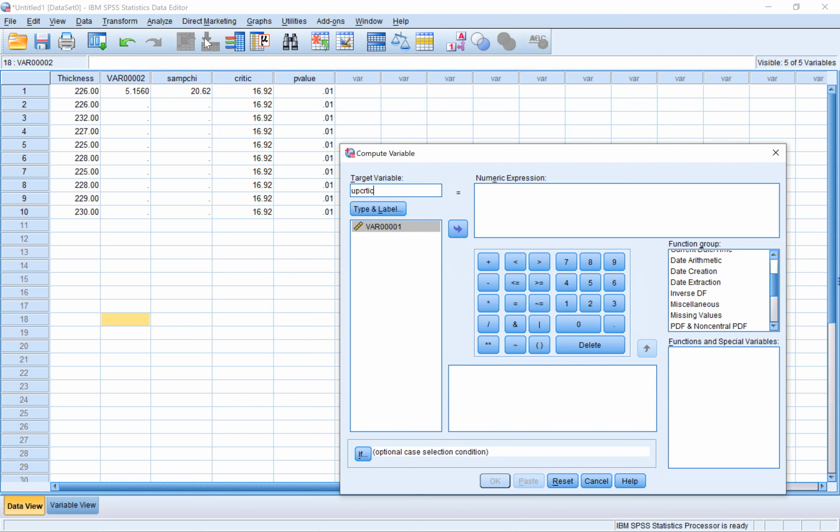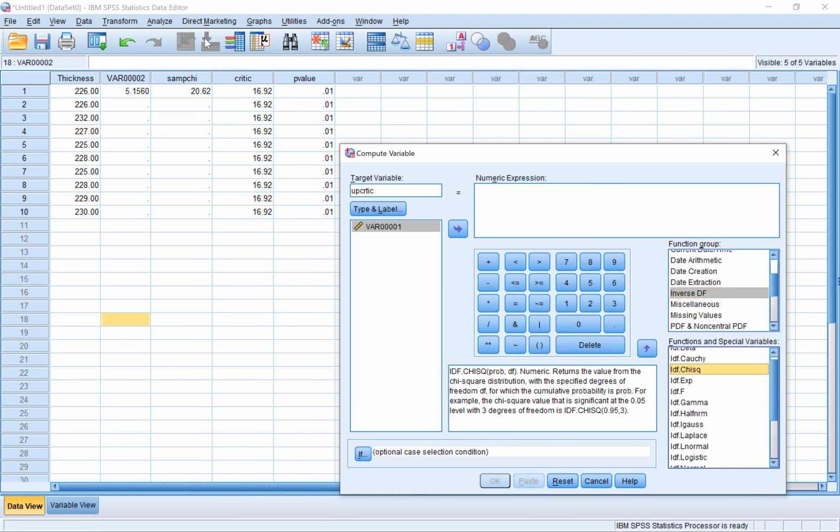I have to go to inverse distributions and inverse chi-square. For the upper, I want the upper tail to have an area 0.025.